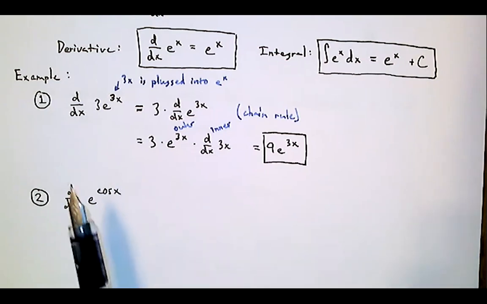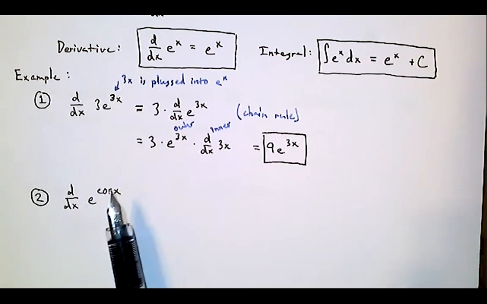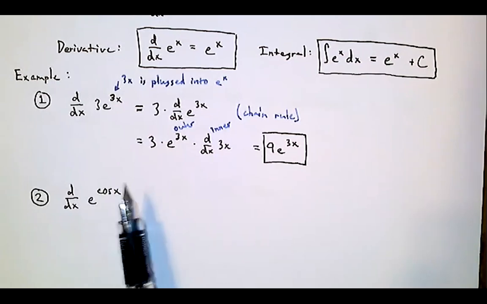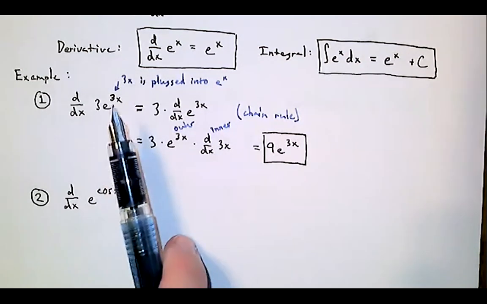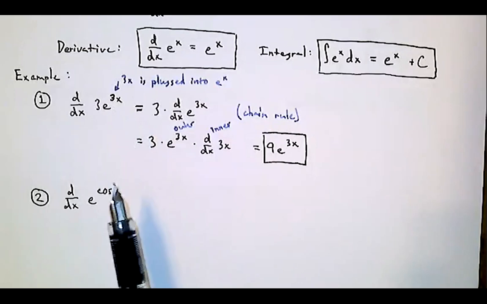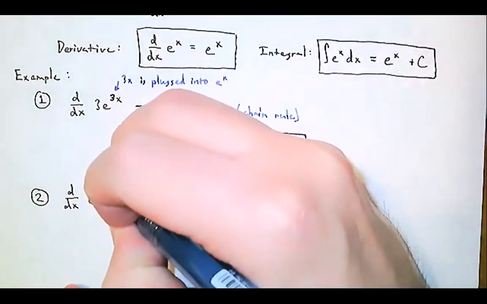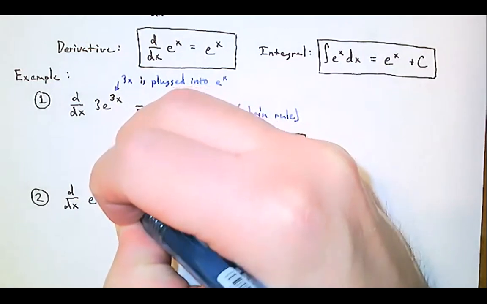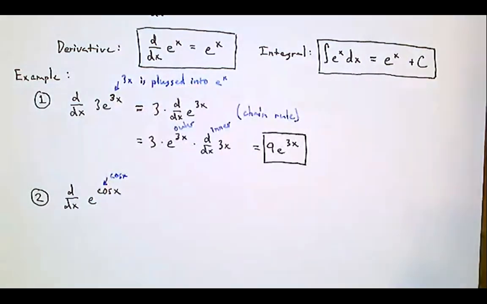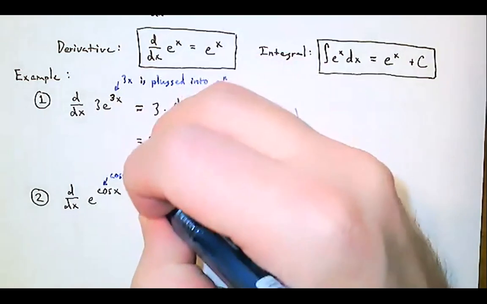Okay, so let's move on and find out what happens when we plug something a little bit more complicated into the exponential. 3x is simple. Cosine is more complicated, but this is still a chain rule problem because cosine of x is plugged into e to the x.